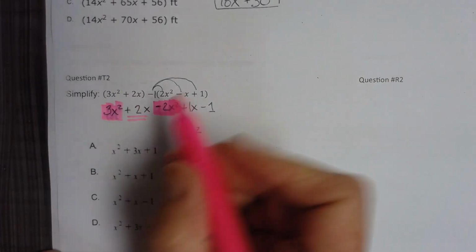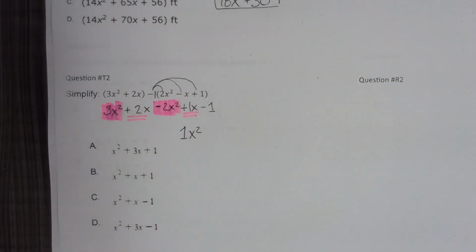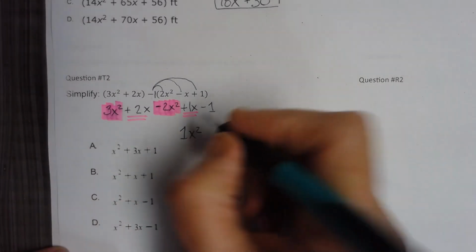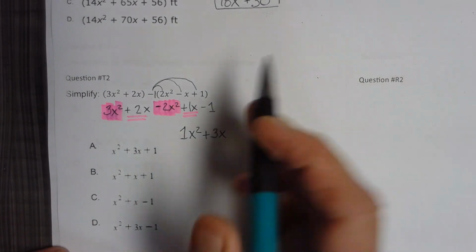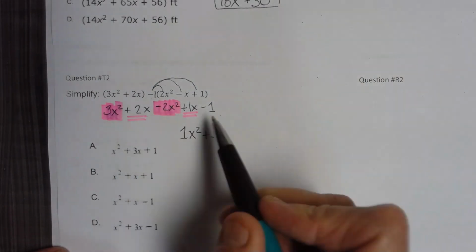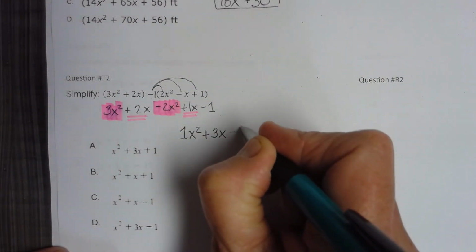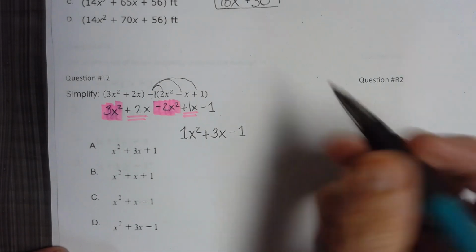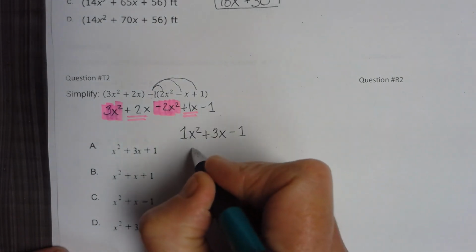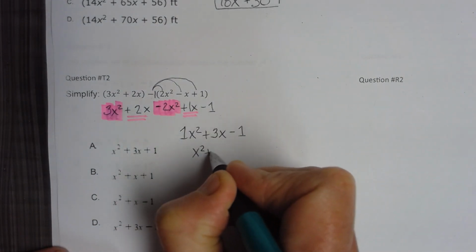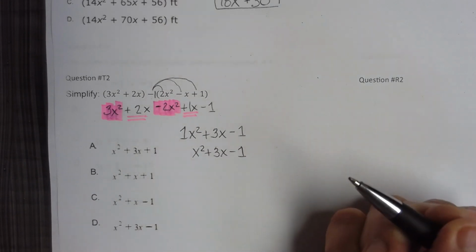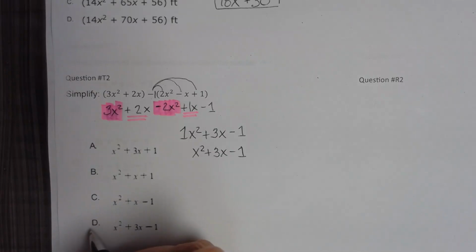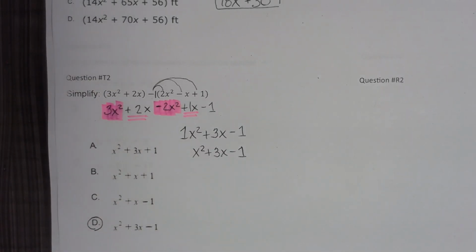I've got a positive 2x and a positive 1x that go together to give me a positive 3x. And then my -1 doesn't have anything to combine with, so I just bring it down. So my answer is x squared plus 3x minus 1. Okie dokie.